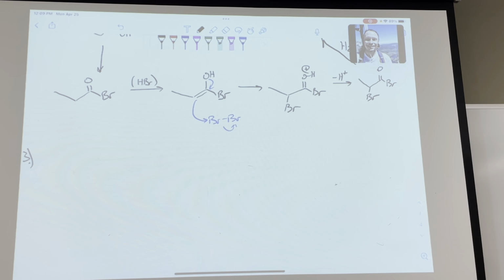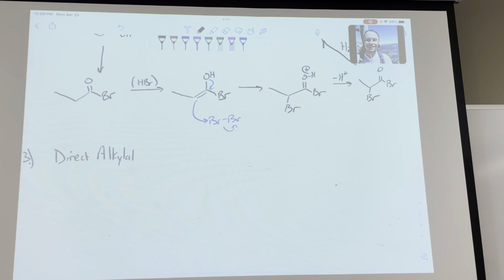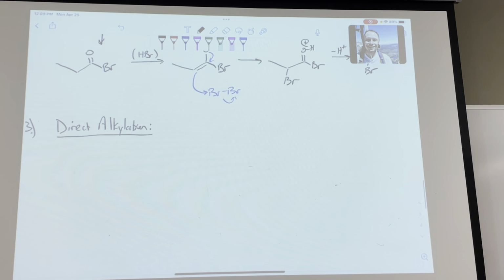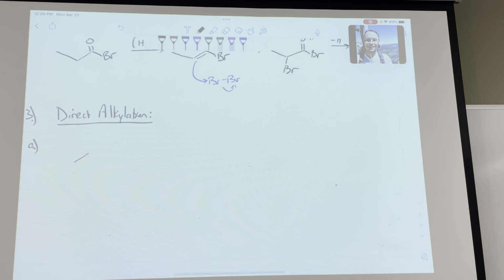So one, you might think that direct alkylation could be used here. What I mean by direct alkylation is if we were to take an aldehyde or a ketone and treat it with hydroxide, we can generate the enolate.